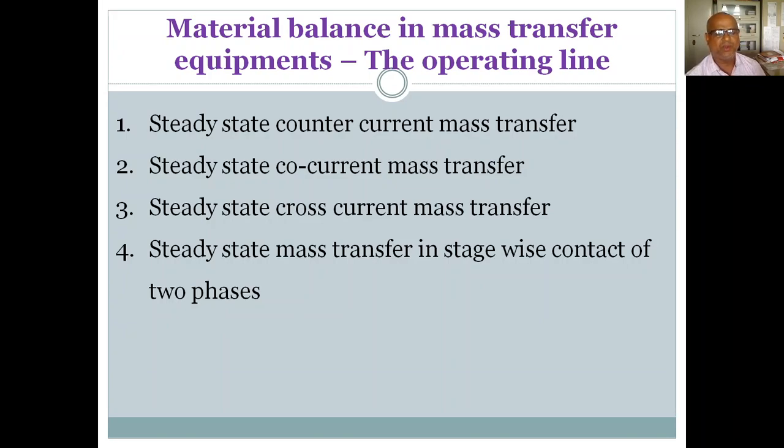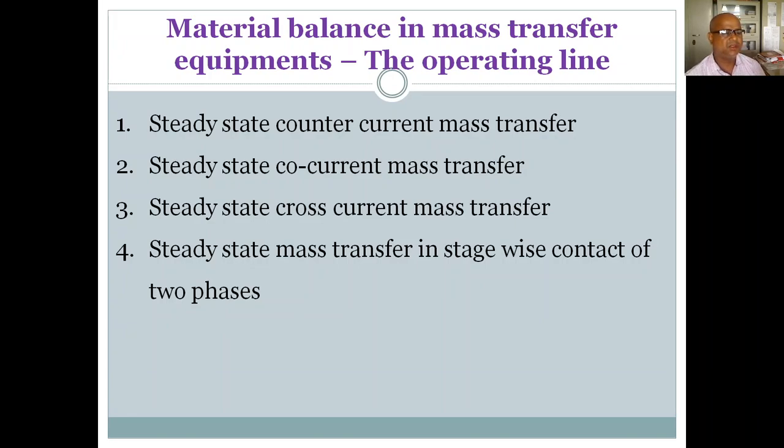Generally in distillation, stage-wise contact equipment is used. So there are 4 categories of mass transfer equipment in terms of flow pattern, and we will discuss these 4 types one by one.